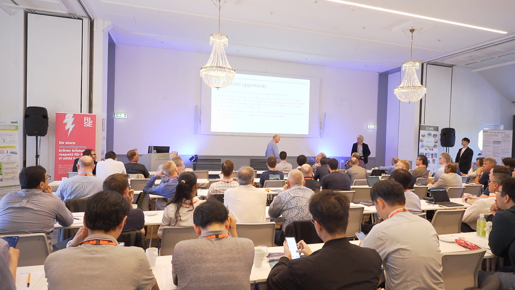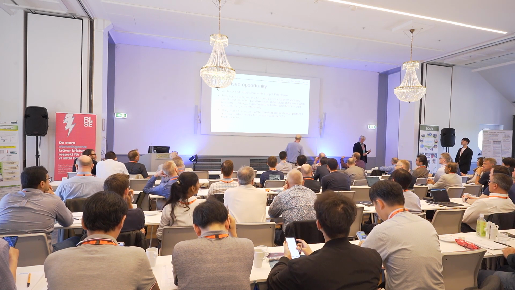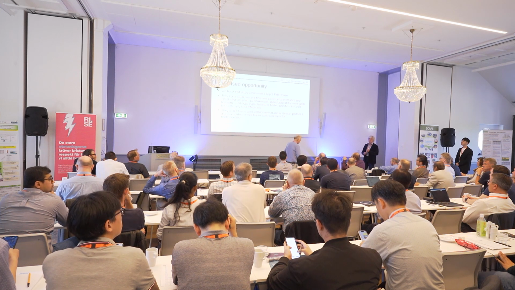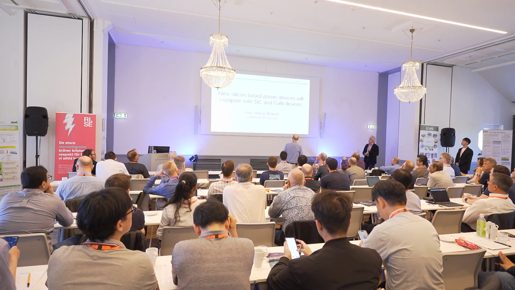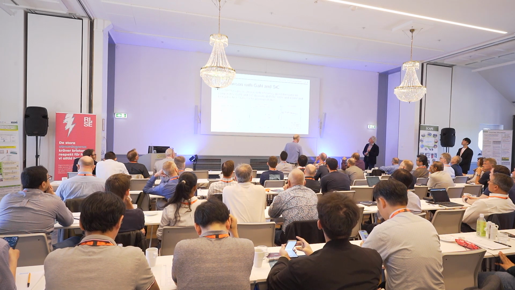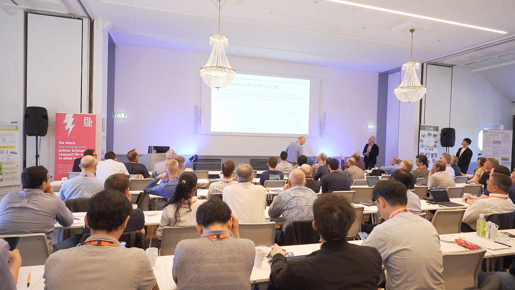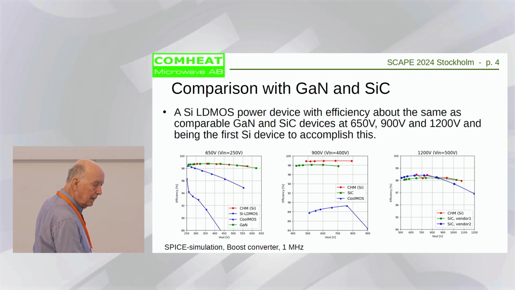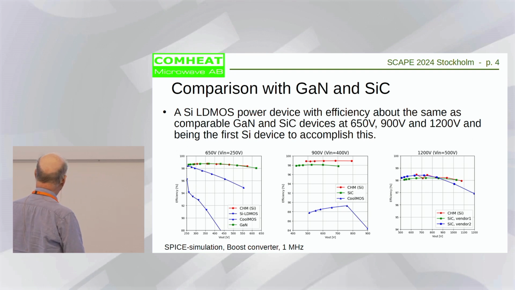You showed one slide for the efficiency, and the LDMOS drops at 650 volt when you use 250 volt as an input. What phenomena do we have that we cannot compare that with other components like GaN or silicon? Why do we have such a gap?